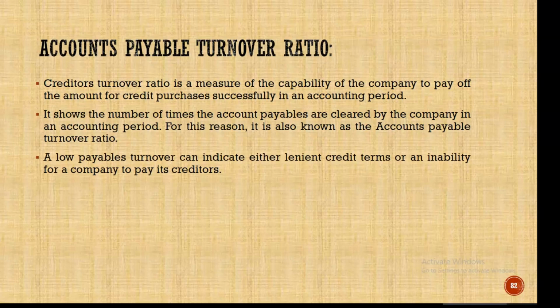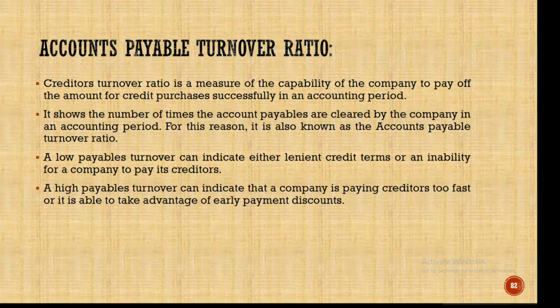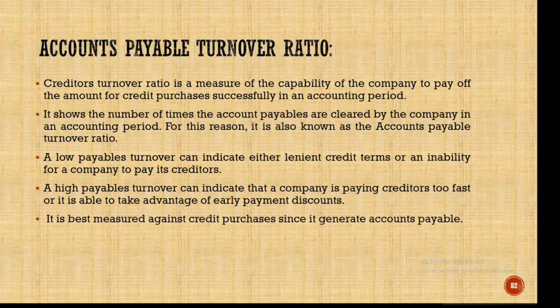A low payable turnover can indicate either lenient credit terms or an inability of a company to pay its creditors. A high payable turnover can indicate that a company is paying creditors too fast or it is able to take advantage of early payment discounts.